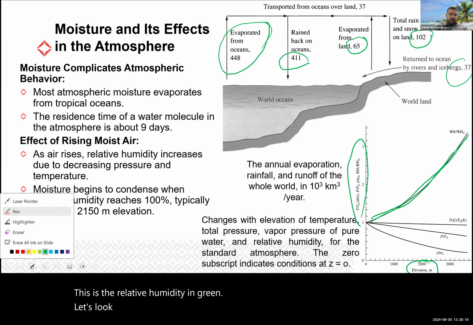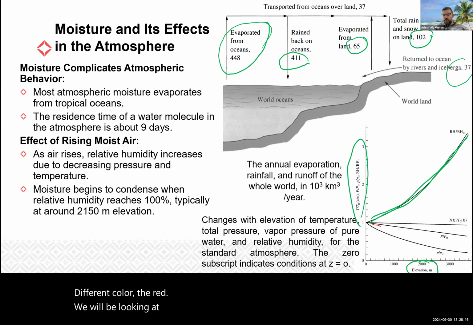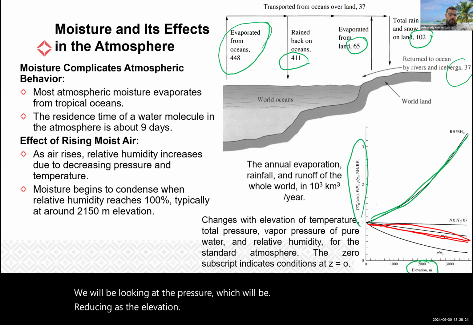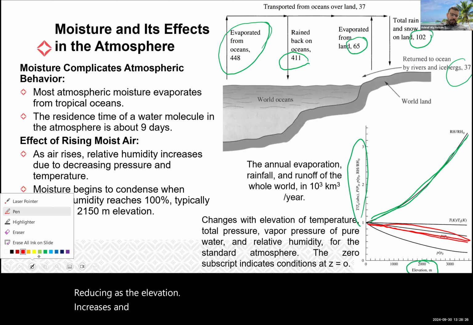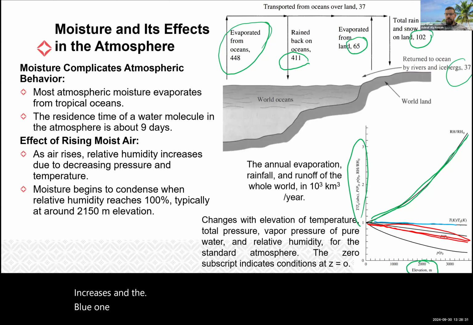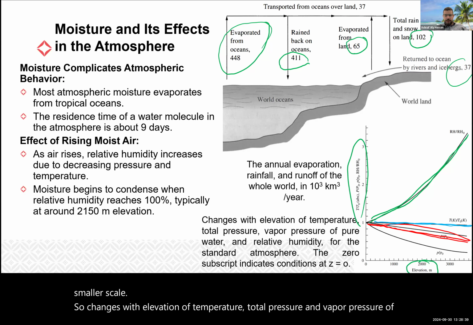We will be looking at the pressure, which will be reducing as the elevation increases. And the blue one will be your temperature, which is also decreasing, but on a very smaller scale. So these are the changes with elevation of temperature, total pressure, and vapor pressure of pure water with relative humidity.